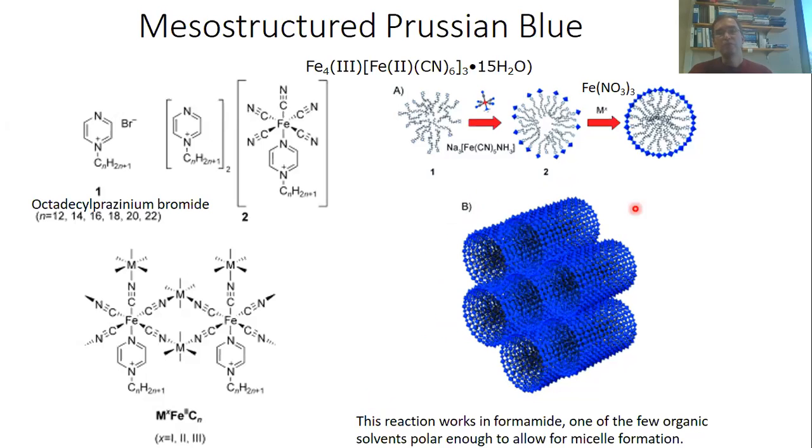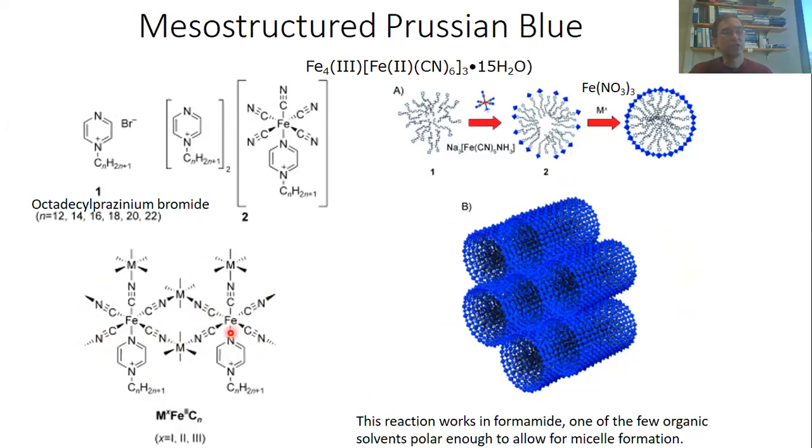So again, this prep doesn't allow for the template removal. The template is in this case still anchored to the pore walls, the Prussian blue pore walls, via coordinative bond, and the Prussian blue framework itself is too weak to withstand the removal of the template, for instance, by combustion.